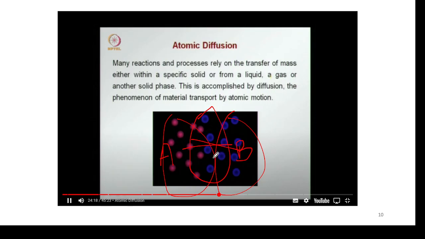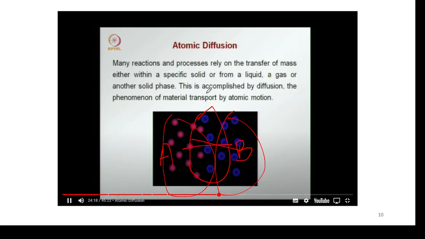That is called atomic diffusion. Many reactions and processes really rely on transfer of mass. This is a type of mass transfer, either within a solid, or from a liquid, a gas, or another solid phase; anything is possible.